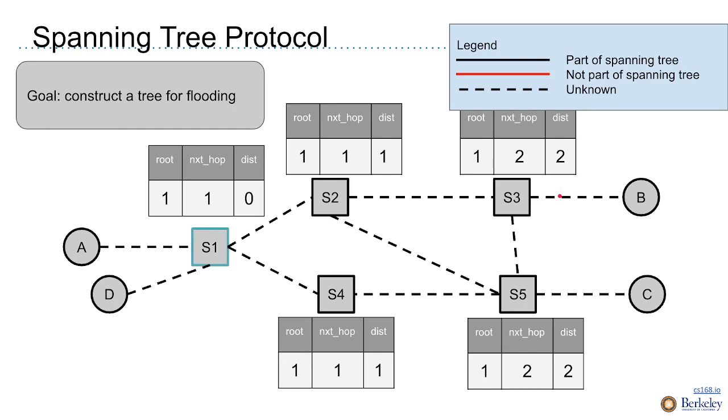So we are constructing this tree for flooding. Let's start with S1. Which links do we know definitely would be part of the spanning tree, and which ones are definitely not, that S1 at this point can tell? S1 has 4 links next to it.